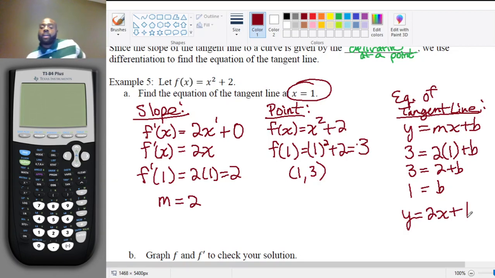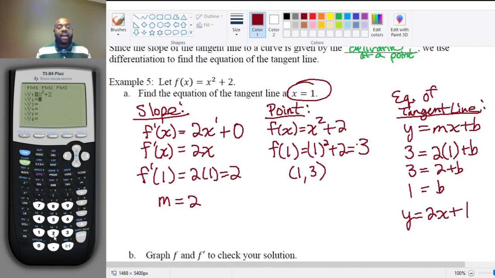So what we're going to do here is we're going to determine if this is actually correct. And so what I'm going to do is go to part B, and I'm going to graph both of these functions together, right? So let's turn on our calculator. We're going to go to y equals, and y equals x squared plus 2.